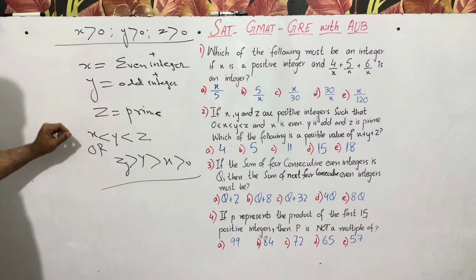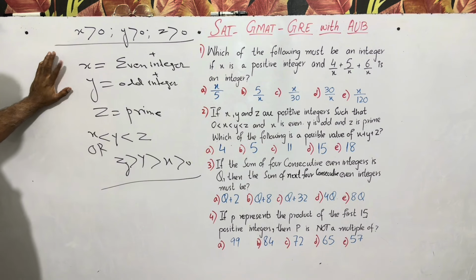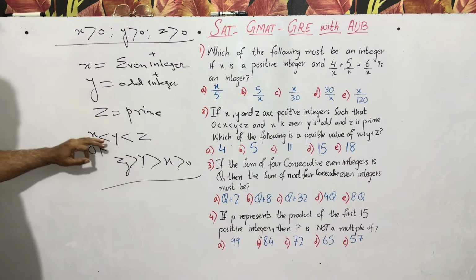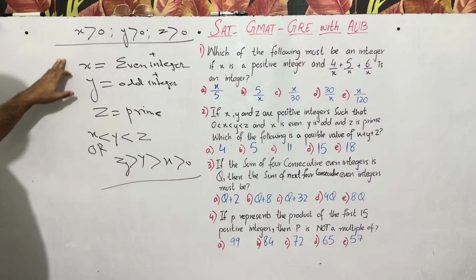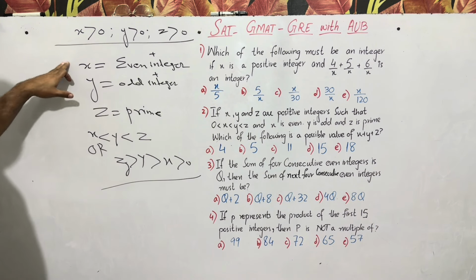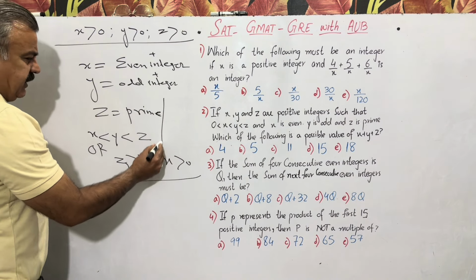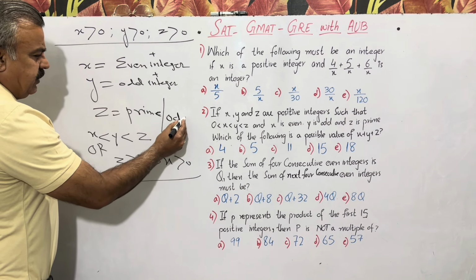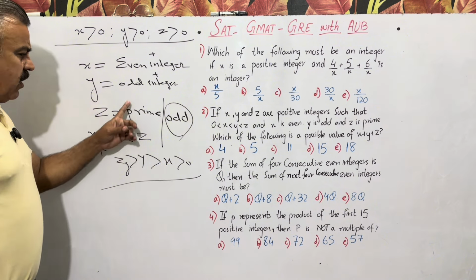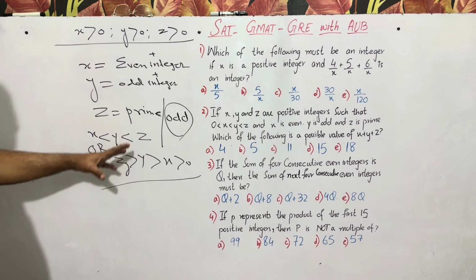Here, maintain the condition: x is an even integer, y is an odd integer, and z is the biggest of both and is a prime. So we are safe to conclude that it's an odd prime.